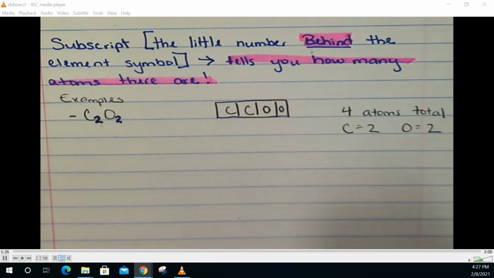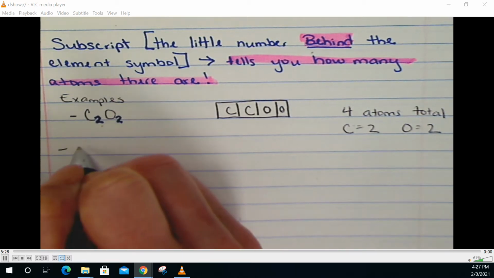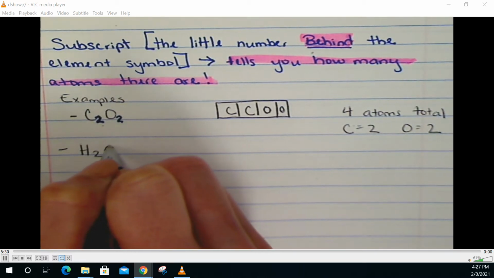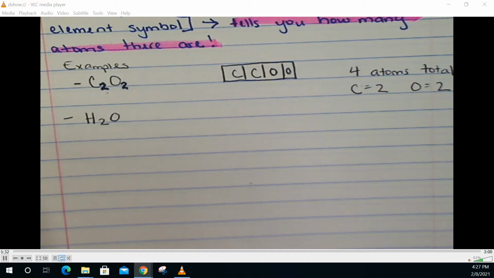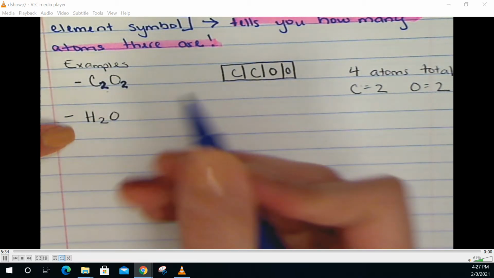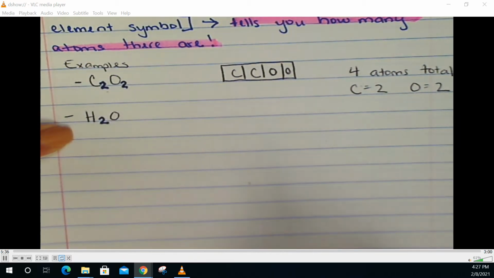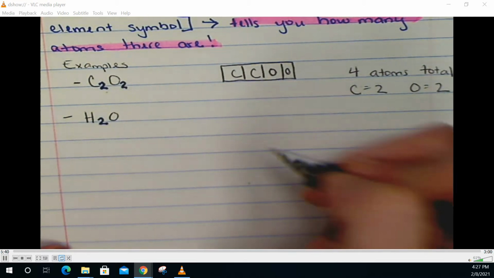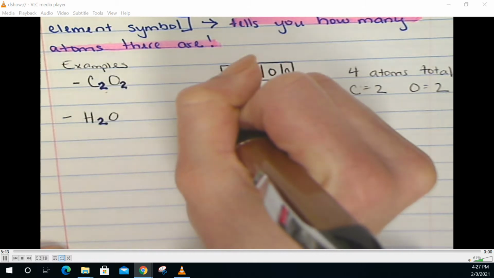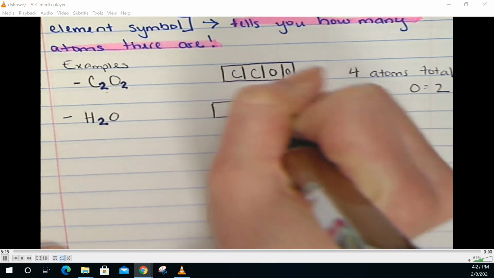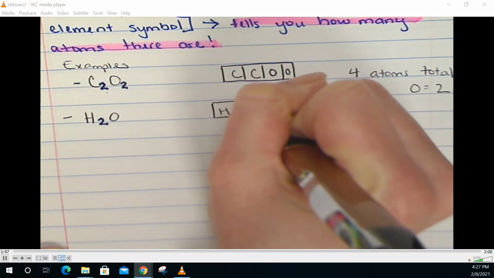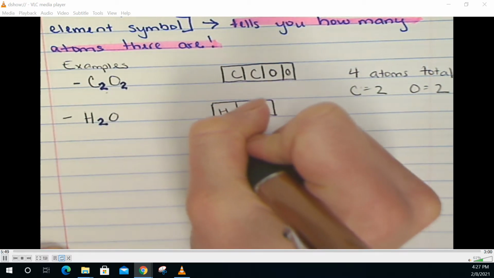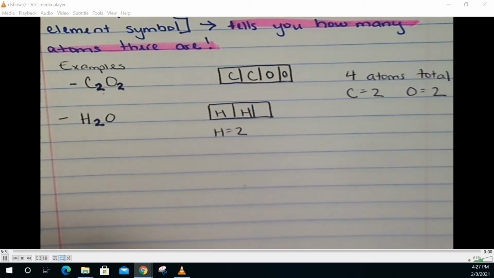Another example would be, let's do H2O. In this case, hydrogen has a subscript of 2, so that means that hydrogen has 2 atoms. But right here, O doesn't have one.